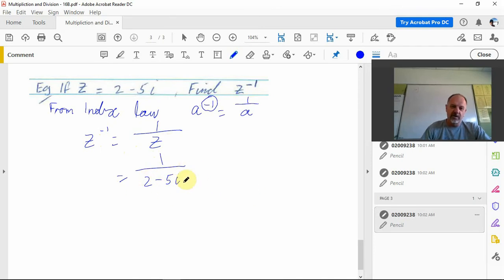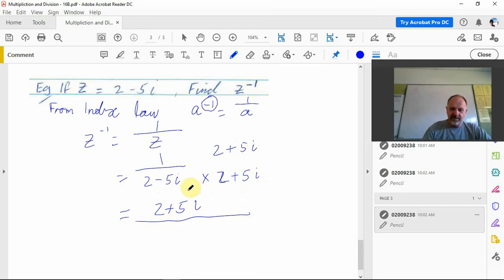Now, because we've got a complex number on the bottom, we want to express it as a real number on the bottom, so we multiply numerator and denominator by the conjugate. All right, there's the conjugate. Because it's just a 1 up here, it's 2 plus 5i.